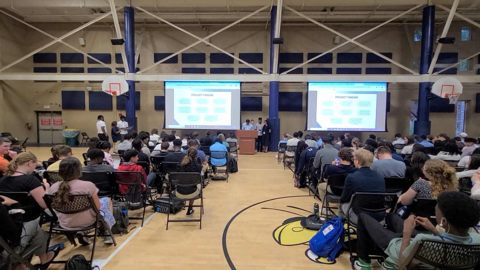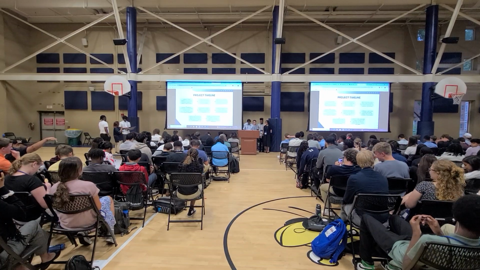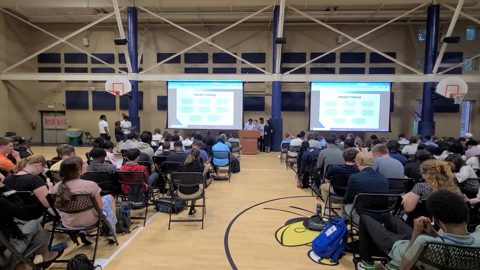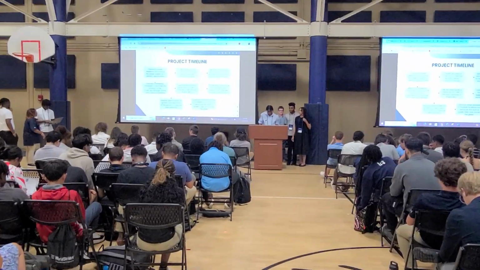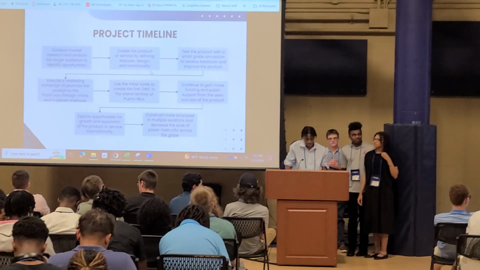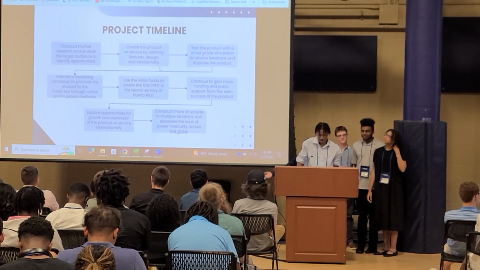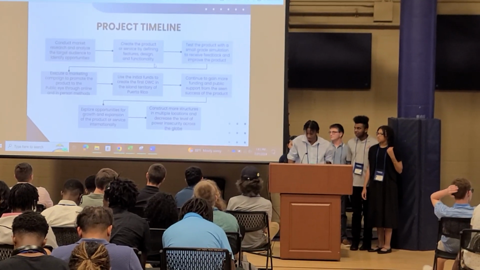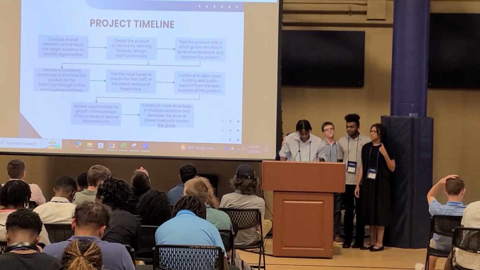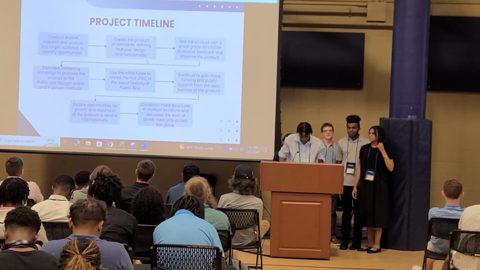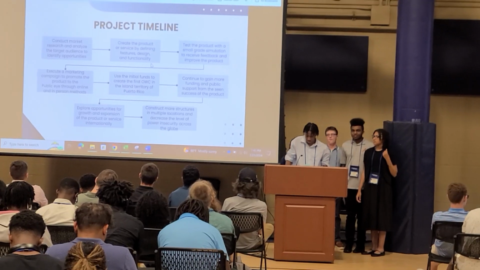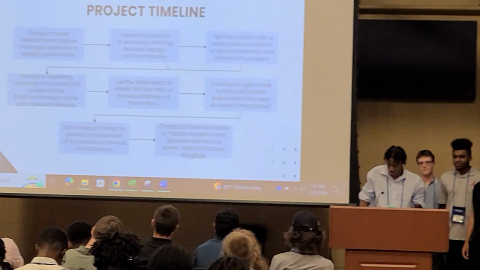Okay, so this is the timeline of the project that we will be developing. First, we conduct research into the market, then we create the product, and then we test the product, and then we execute the marketing campaigns to promote to the public eye. That means we provide the idea to the public, and then we use the initial funds to create the first OWC on an island territory, mostly Puerto Rico, since it has the most amount of problems.